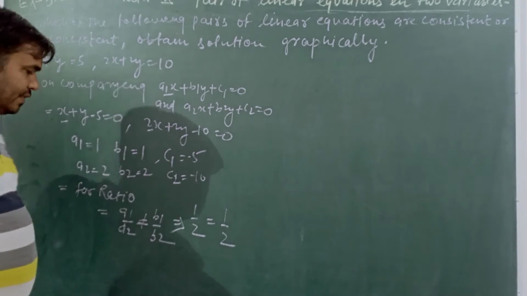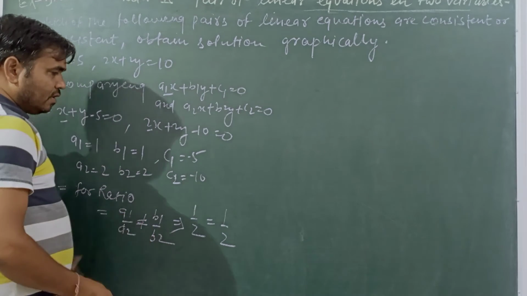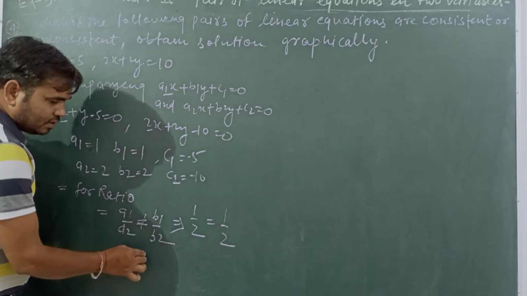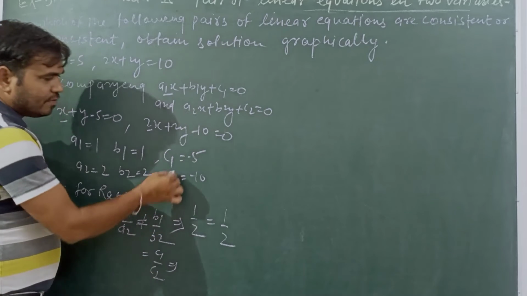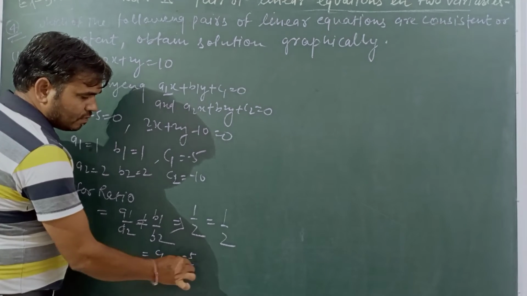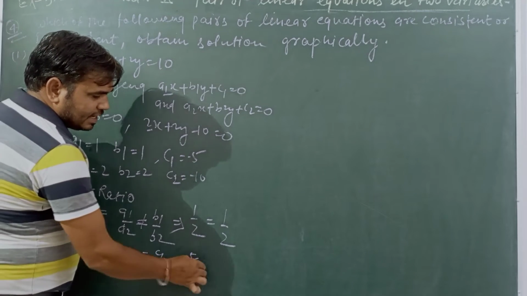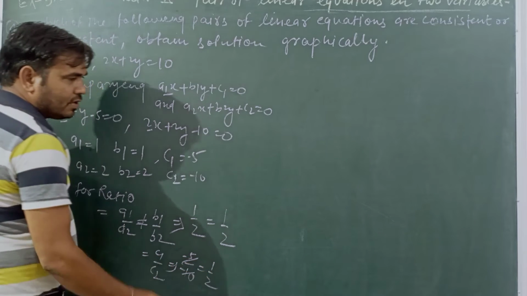Next we take c1 over c2, minus 5 over minus 10, that is also 1 over 2.